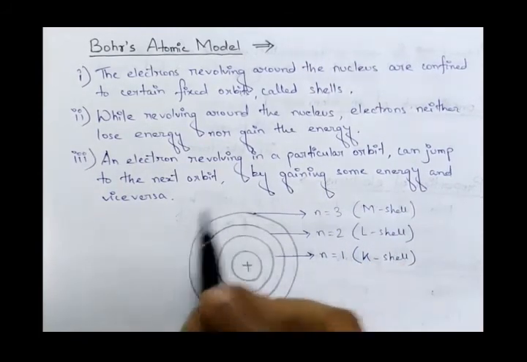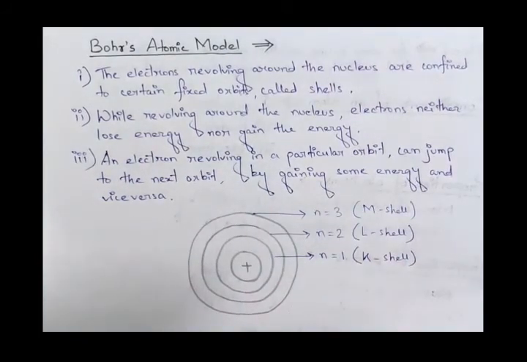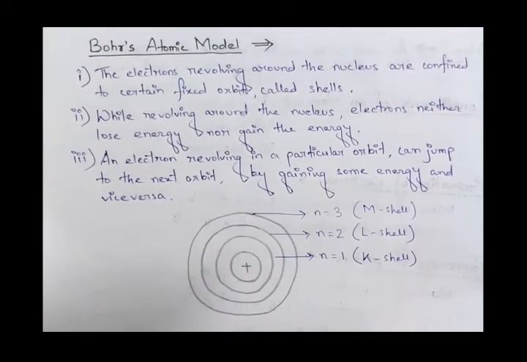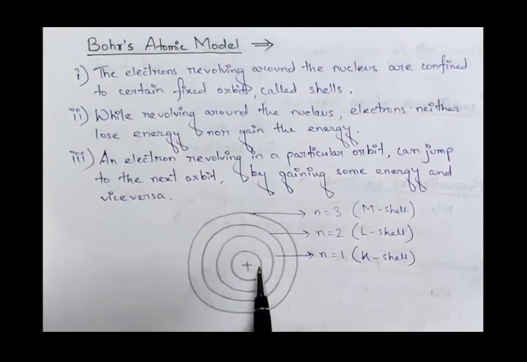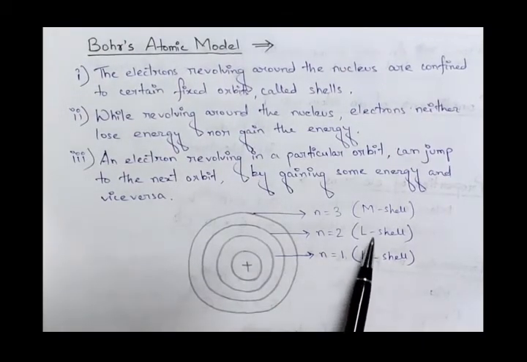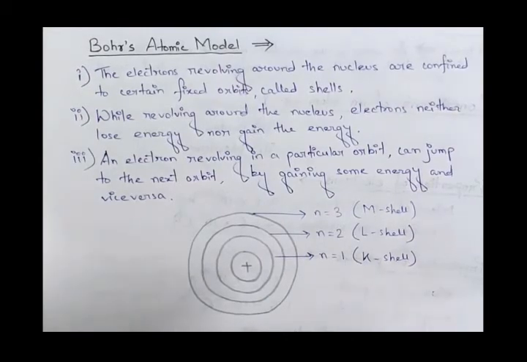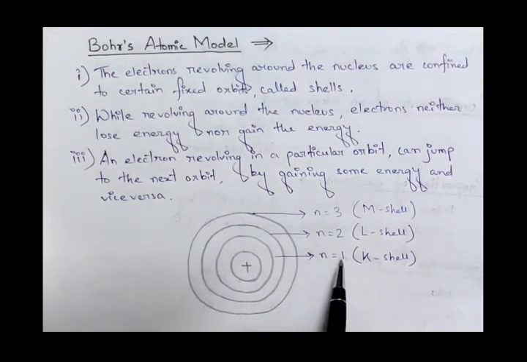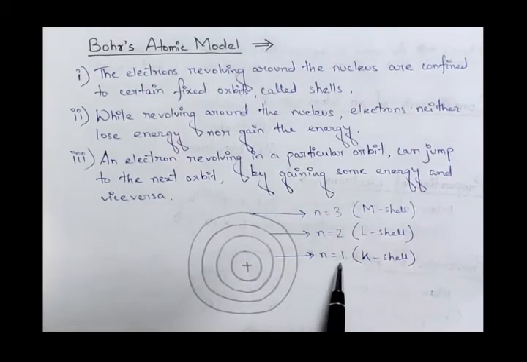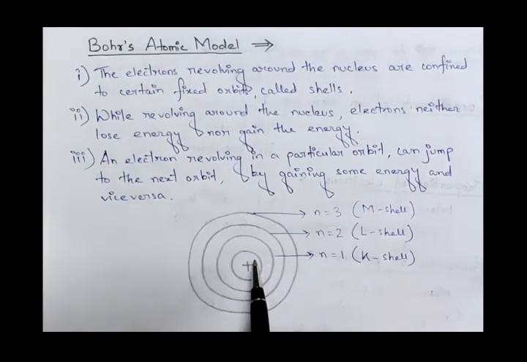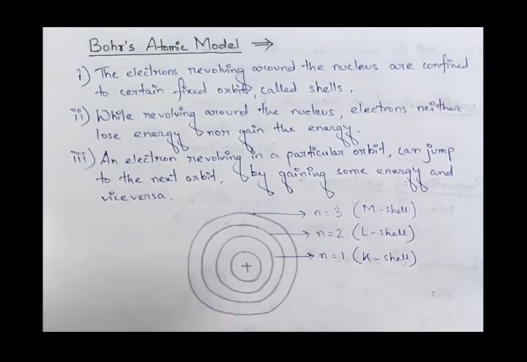So in this way, different energy levels were named according to their number of the shell from the nucleus. Clear? So this was the concept given by Niels Bohr. The orbit which is closer to the nucleus was named the K shell, then L, then M, like this. Clear? And n equal to 1, 2, 3, 4 are the number of shells from the nucleus. Clear?